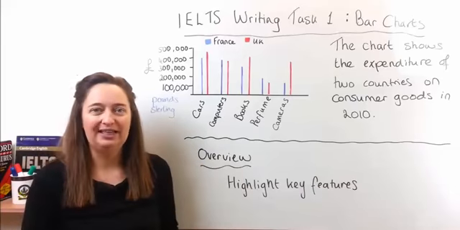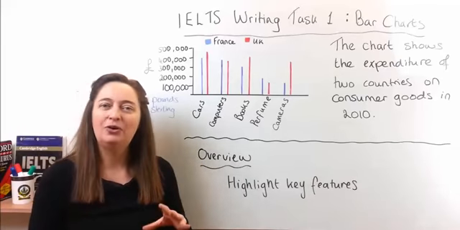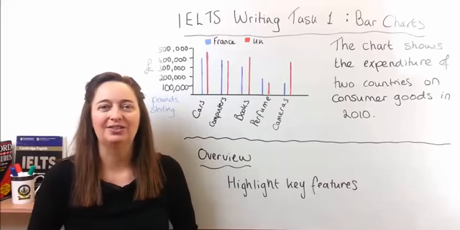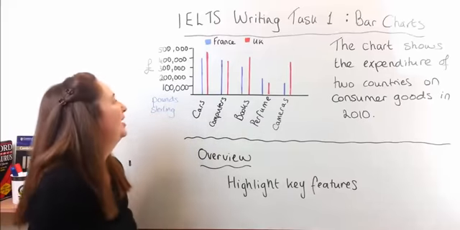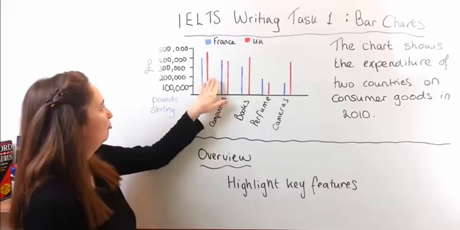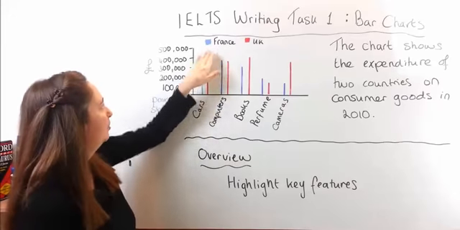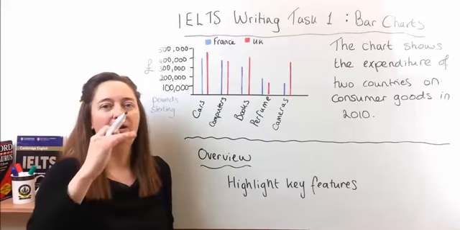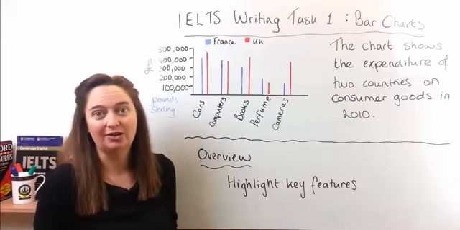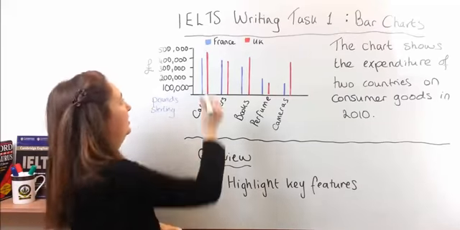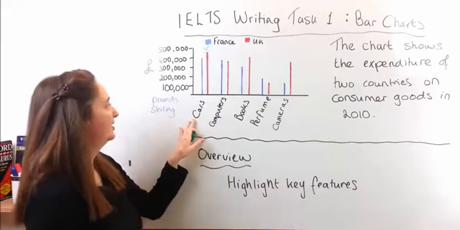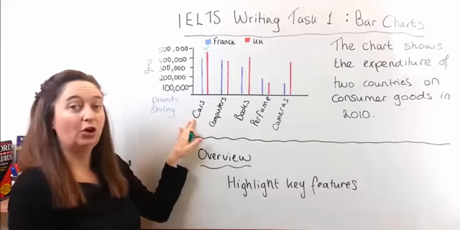So very important. Now, before I show you how to write your overview, let's have a look at what the key features are. If you look at the chart, you will see that in red is the UK and in blue is France. And of course, key features are all about the high points and the low points of your chart. So if we look here for the red one, that's UK, we can see that most of the spending was on cars.